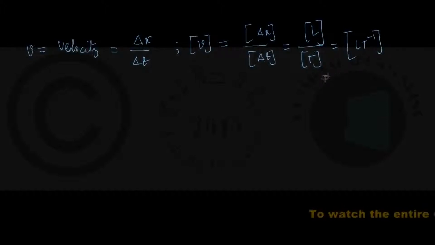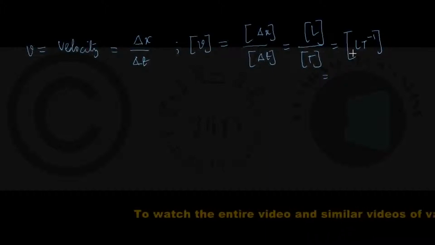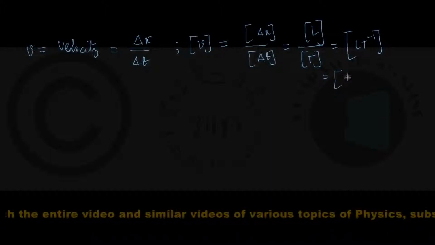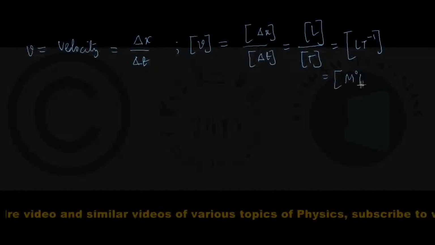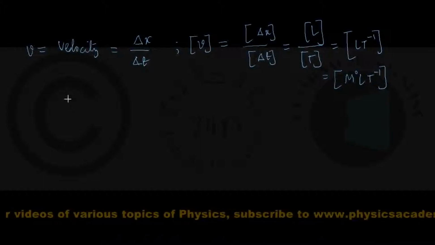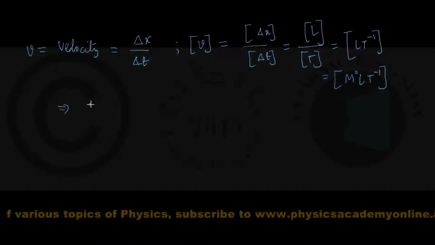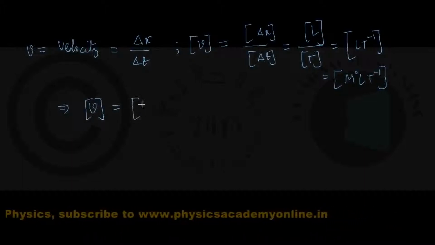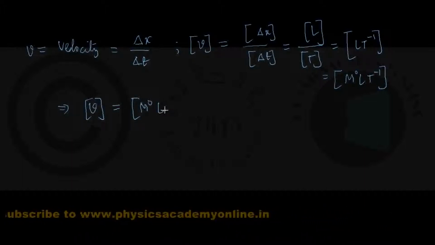Considering that M, L, and T are the three main dimensions of the base quantities for mass, length, and time, it's also sometimes written as M to the power 0, L, T to the power minus 1. So you note here that the dimension of velocity is M to the power 0, L to the power 1, T to the power minus 1.